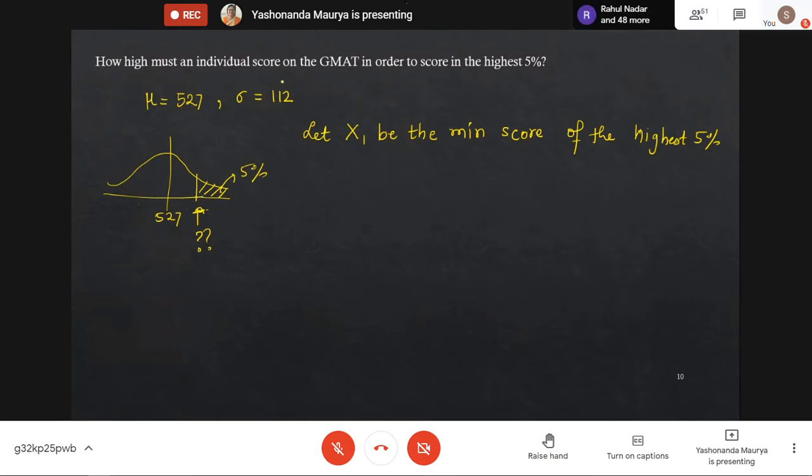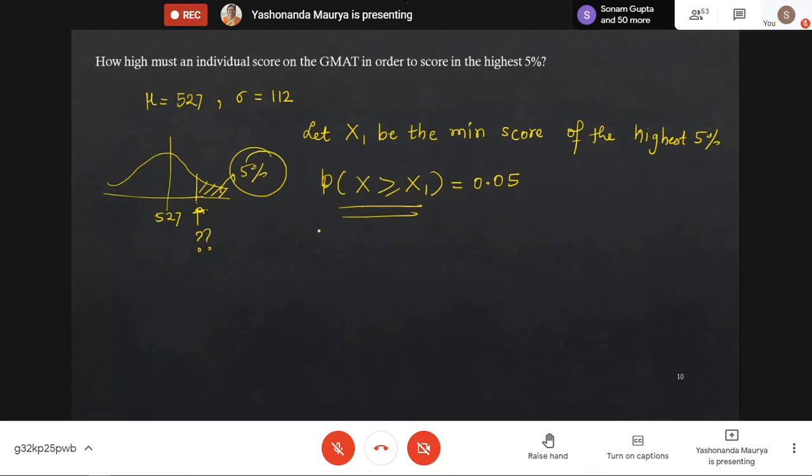Okay. So what are we trying to say? Another way of writing this statement is that the probability that x is greater than or equal to x1 is nothing but 5%. If you want to be greater than this minimum score, then you will be in the 5% list. Now this 5%, when I convert it to decimals, will give me 0.05. Okay, this much is clear.